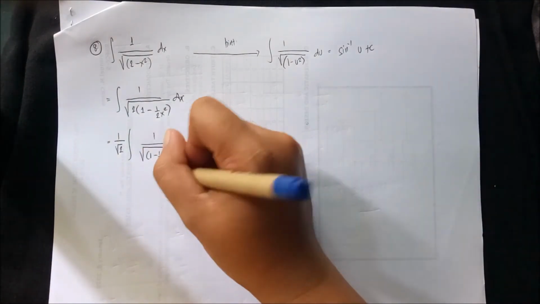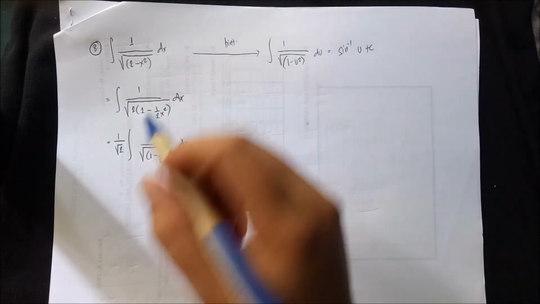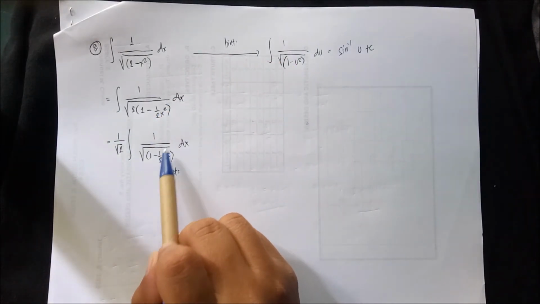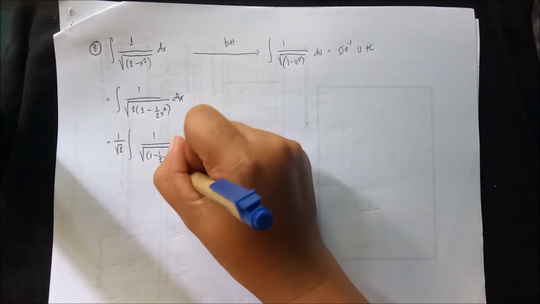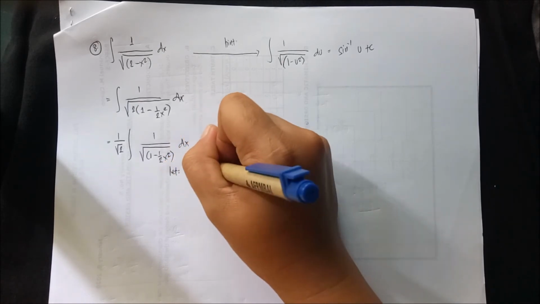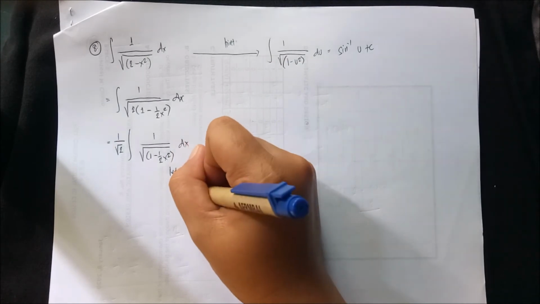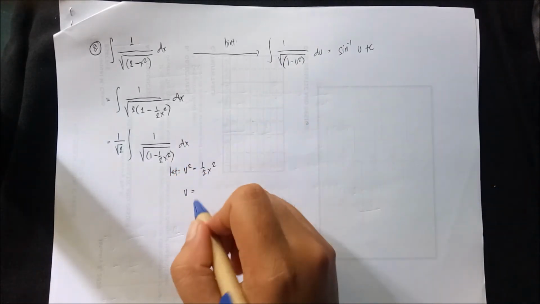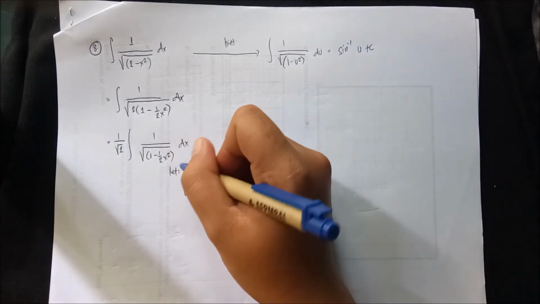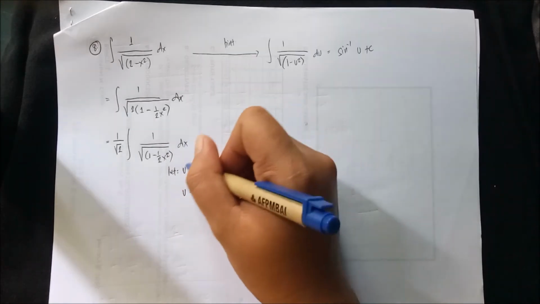Kailangan, yung du natin, tingnan natin kung yung derivative ba nitong u natin is andito sa taas. Okay? So, identify muna natin yung u square natin would be 1 half x square. So, based on that, katanggalin natin yung square root. Times tayo ng 1 half.